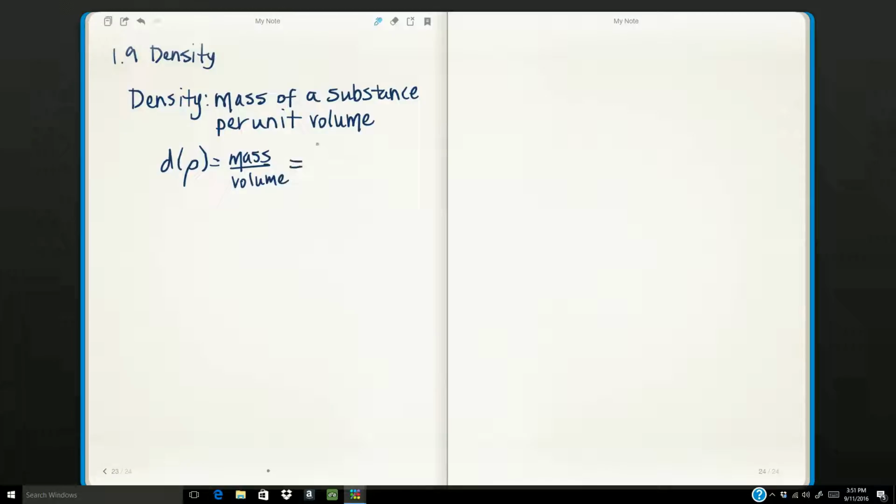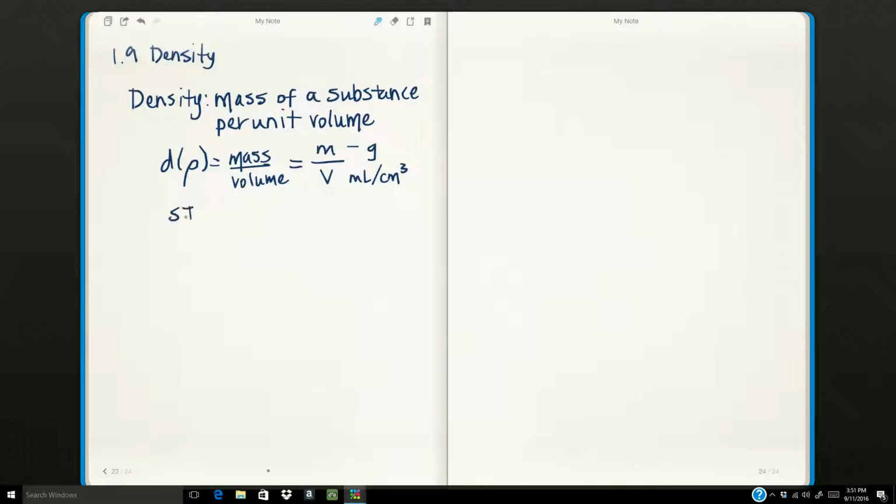Mass is abbreviated as lowercase m, and volume is a capital V. So units for mass are usually grams, and units for volume are milliliters or centimeters cubed.